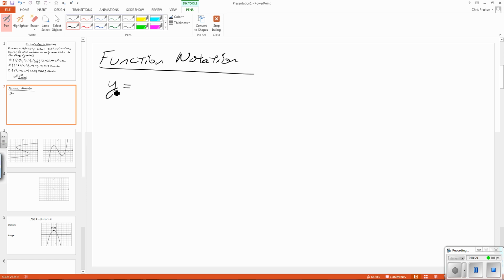So instead of using the letter y all the time, sometimes we'll use something that looks like this: f(x). Now this does not mean f times x. This is an issue of notation. If I wanted to say f times x, I would just write fx and I wouldn't have the parentheses here. This is read as f of x.